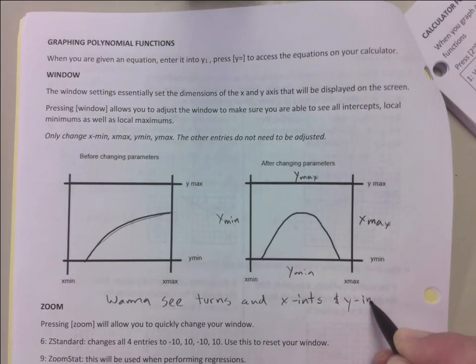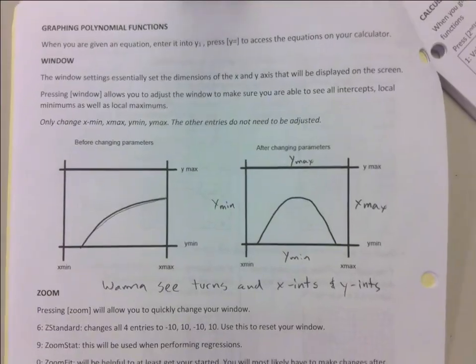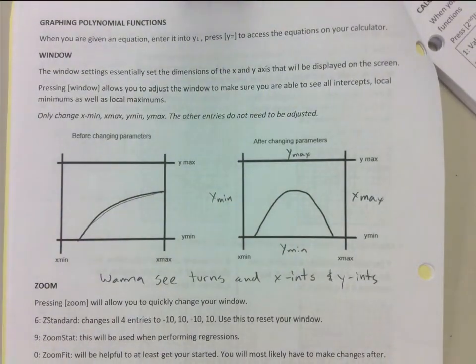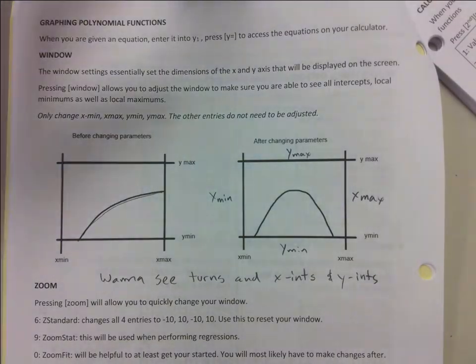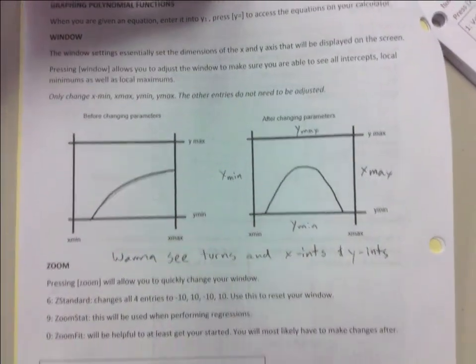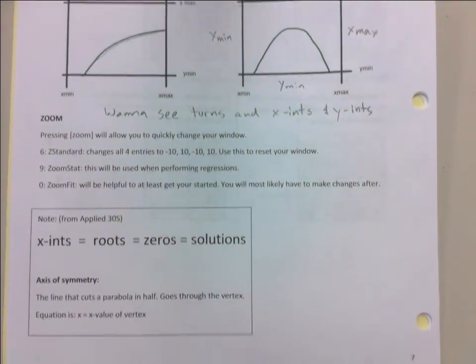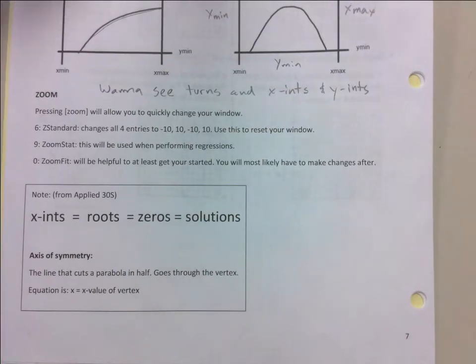So every time, if you're wondering, is this graph right here good enough? You want to see all the turns and the x-intercepts, y-intercepts. I should say and. It's seeing all of it. Remember that, so I'm just reminding you of the 3 zooms that we're going to use.